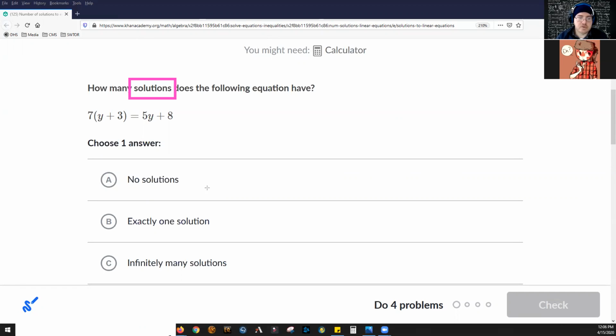So, no solutions. When you have two lines that are parallel to each other, they never touch. They don't have any solutions. I should do a different color for this.